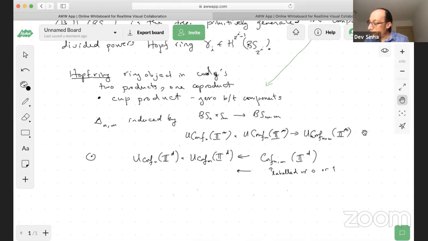We remember the 0 points or the 1 points. So this is really an inclusion. Here, the 0 and 1 points on the left-hand side are allowed to overlap. On the right, they have to be distinct. And now we forget the labeling, and we've got an unordered configuration of n plus m points.